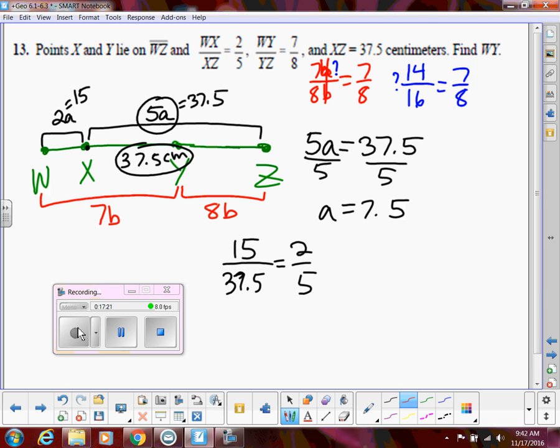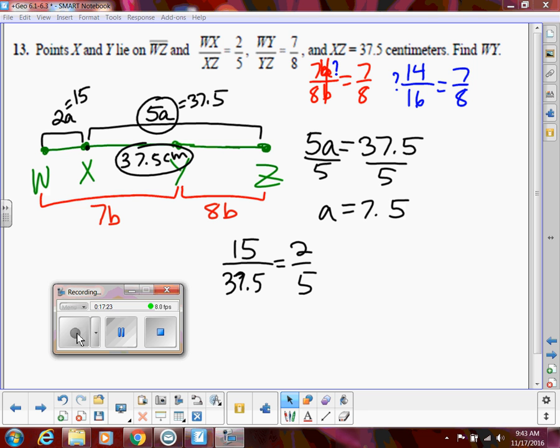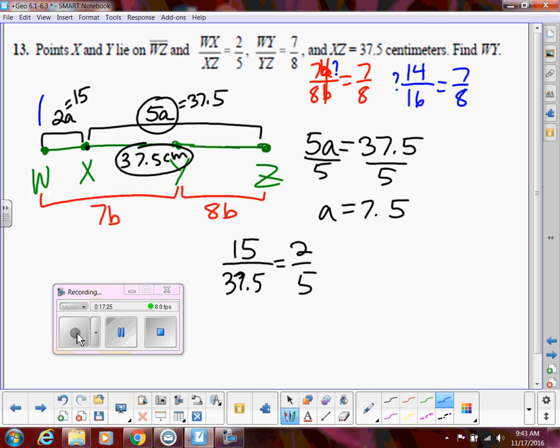I'm running out of room. This whole thing, this is what I'm talking about. WZ, if we add the 15 plus the 37.5 together, I know the exact distance from W to Z is 52.5.